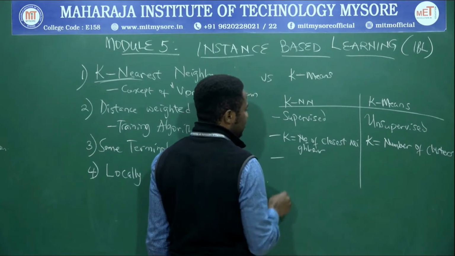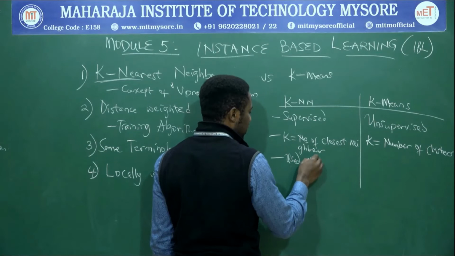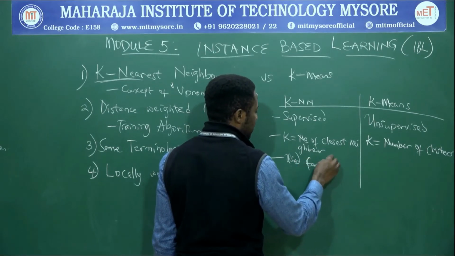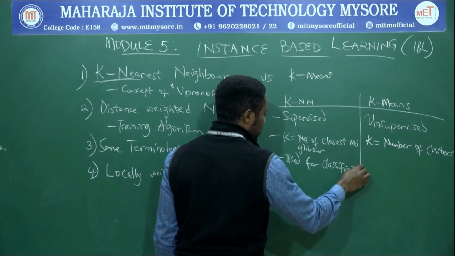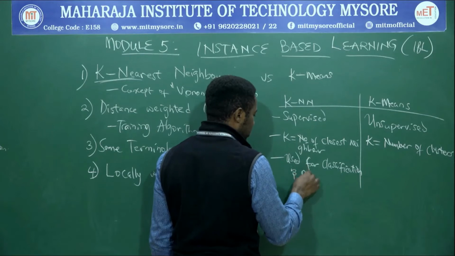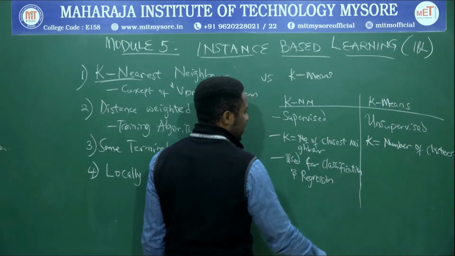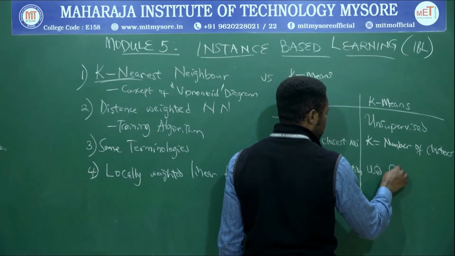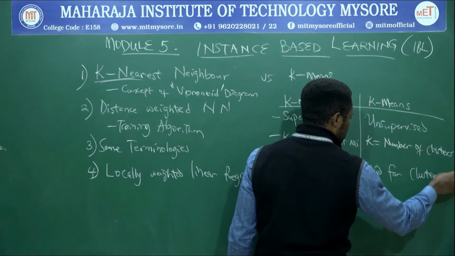Now, application-wise, KNN is used mostly for classification and regression. And K-means is mostly for, you guessed it, clustering.